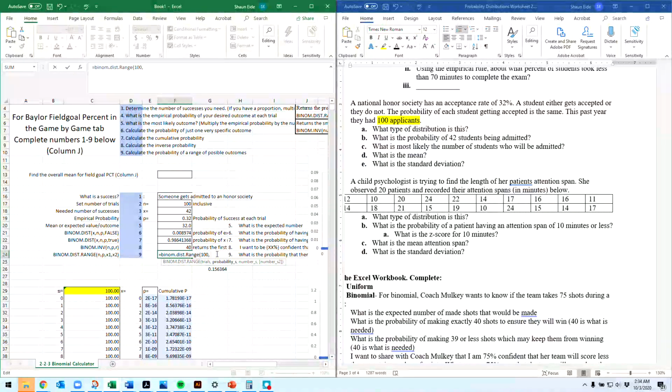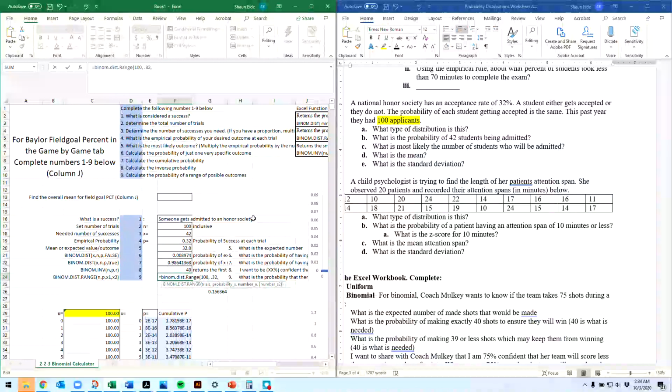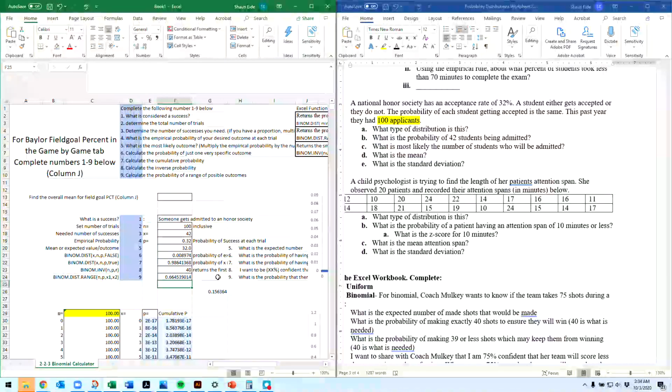The number of trials, the probability of success at each trial, which is 0.32. And then the lower number, let's just put 30 and then 40. I want to know what's the probability between 30 and 40, and that's going to be 66.5%. And so you can just use this calculator over and over again.